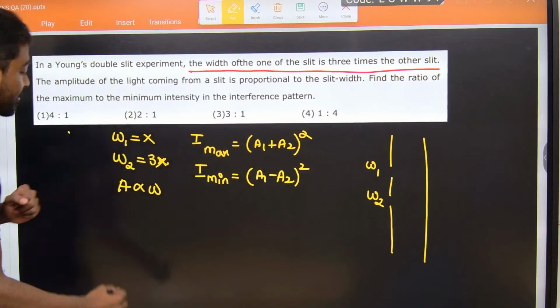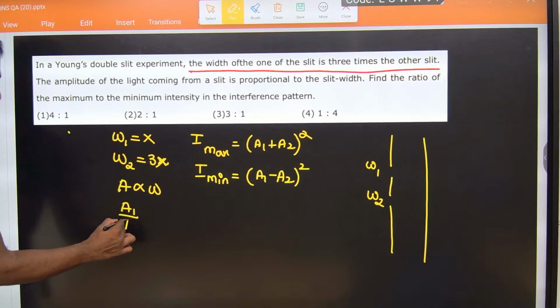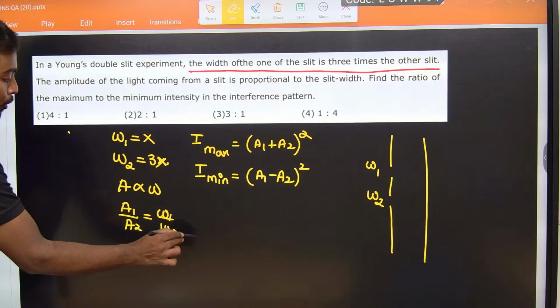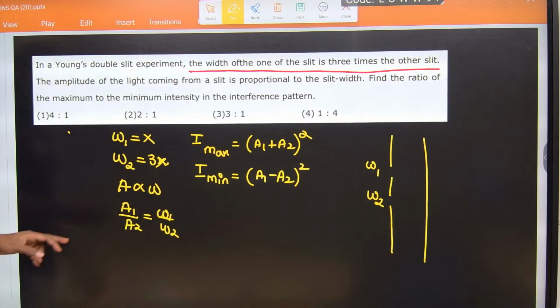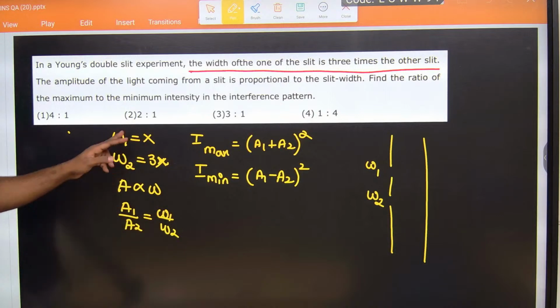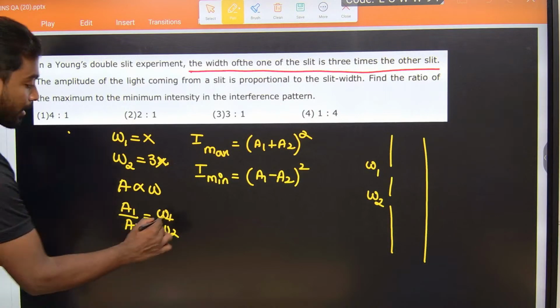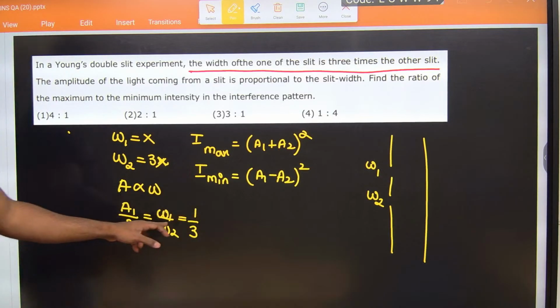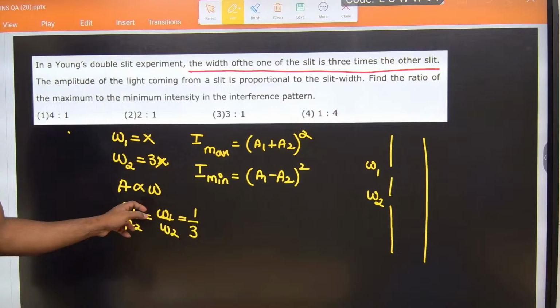A1 by A2 will be equal to W1 by W2, that is x and 3x, so 1 by 3. So A1 will be 1, and A2 will be 3 times A1.